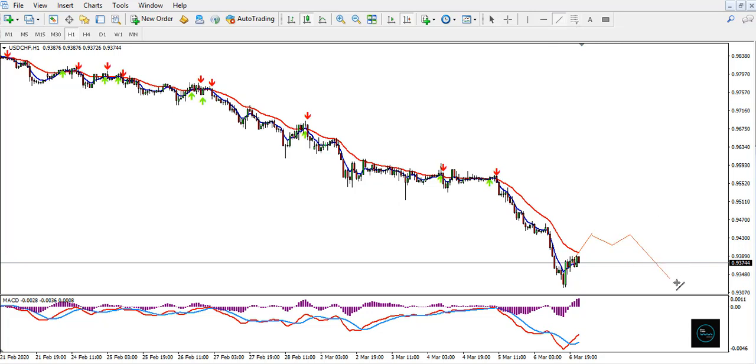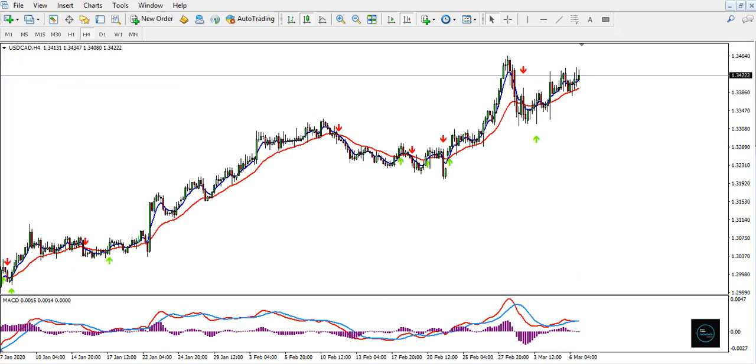It might look like this, you can see what's been happening here, but the market pushes up and gives you an opportunity to sell with little risk. So you wait for an opportunity, and most of the time it's best to wait for the MACD to give you a golden cross. If you get a golden cross on the MACD, that means that the downward trend has resumed, so you can sell easily that way. So that's it for the USDCHF.